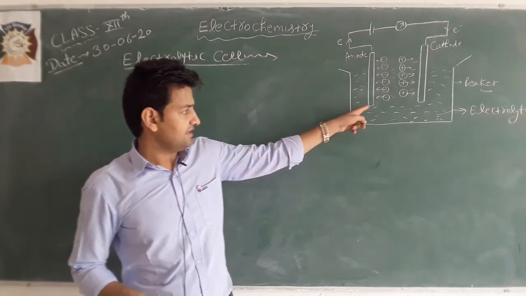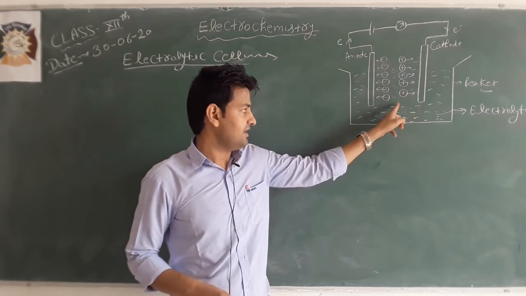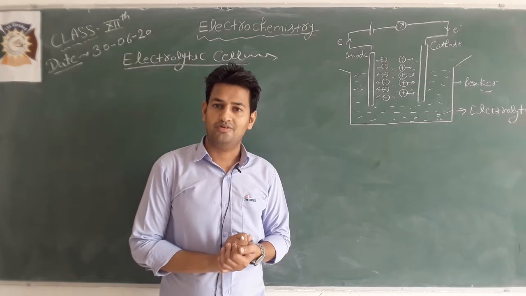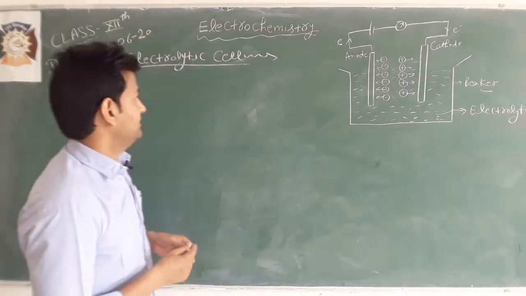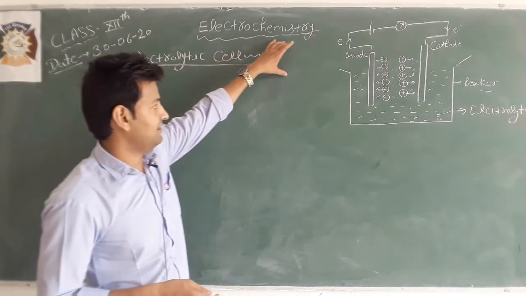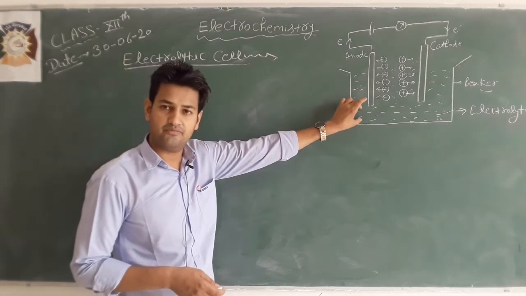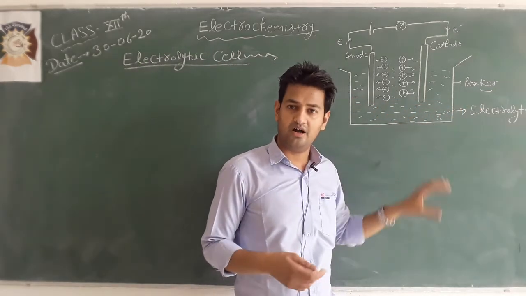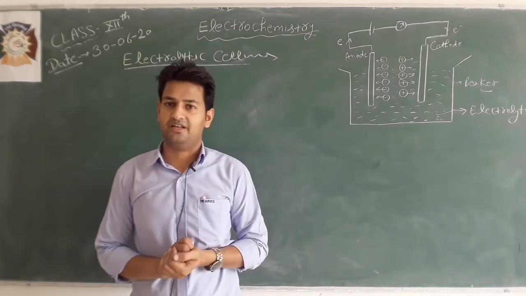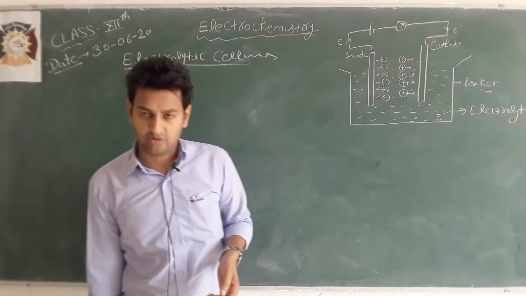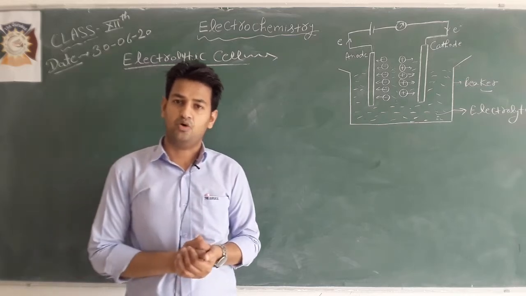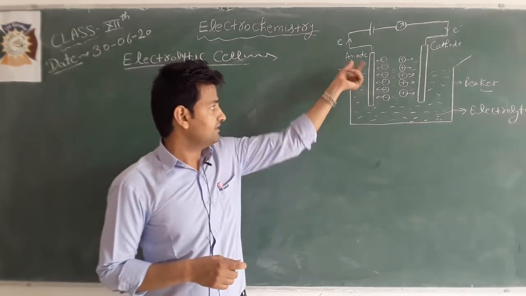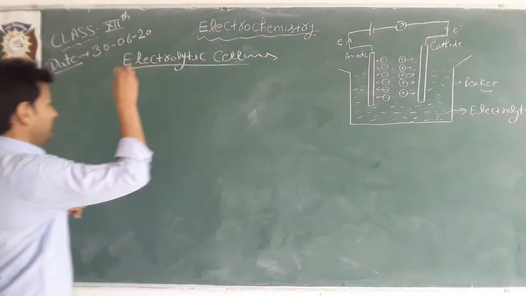After reaching their different electrodes, these ions lose their charges and convert into neutral species. So in this electrolytic cell, the electrolysis phenomenon occurs first. When electric current is passed through it, the electrolyte converts into ions, and the ions reach their respective electrodes for reduction and oxidation. Reduction occurs at the cathode and oxidation occurs at the anode.